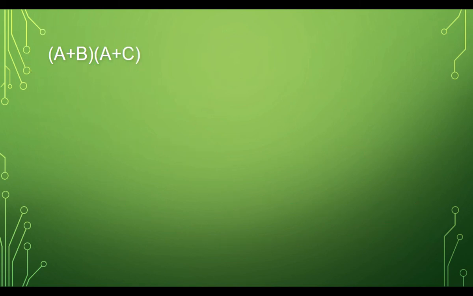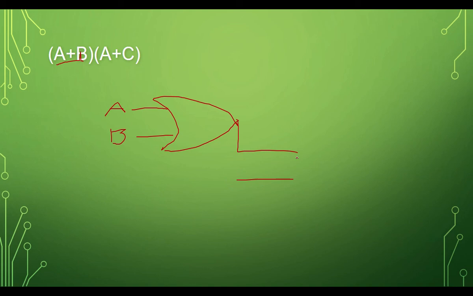Okay, so let's try another one. Let's start with this. It is an OR gate, so let's write here the OR. We have A and then B, and then they are connected with an AND gate.